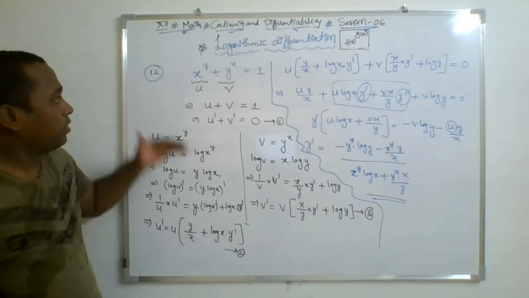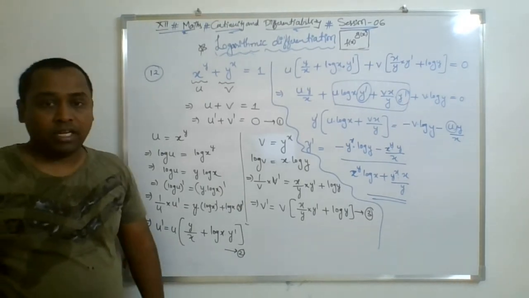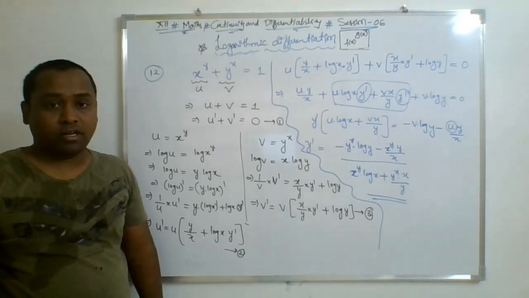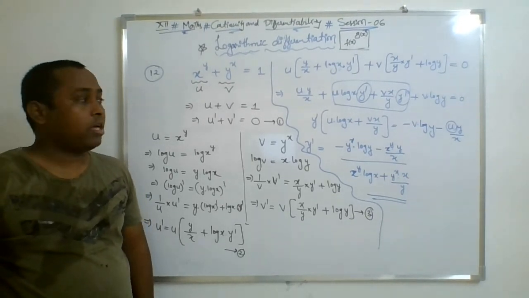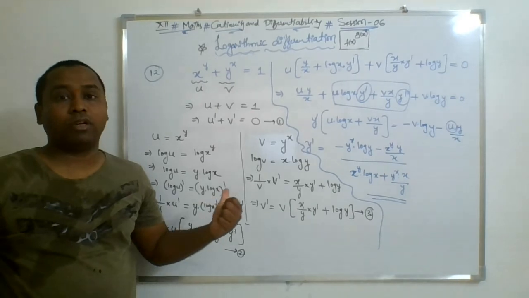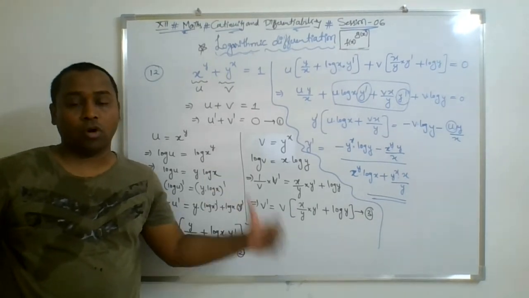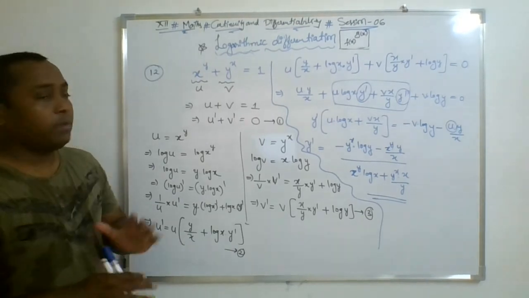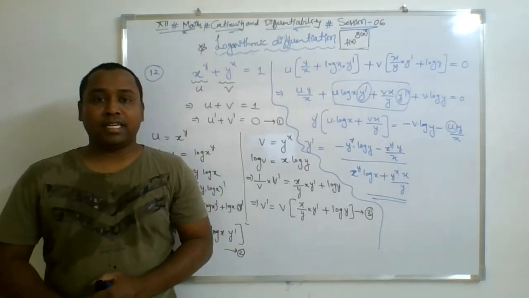So these types of questions are very important. They are asked in exams, right, in 4 marker questions frequently, and definitely one question is going to be asked from logarithmic differentiation. So what is meant by logarithmic differentiation at the end?